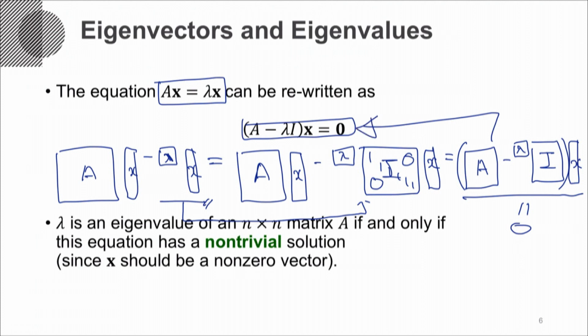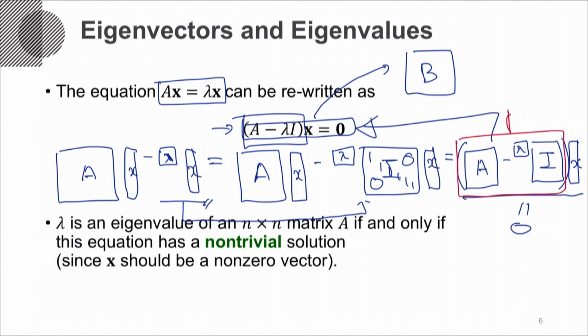This equation actually gives a new linear system where we have the matrix B defined by this. This entire part is our matrix B, and we have vector x here, and then we have a 0 vector here, right?